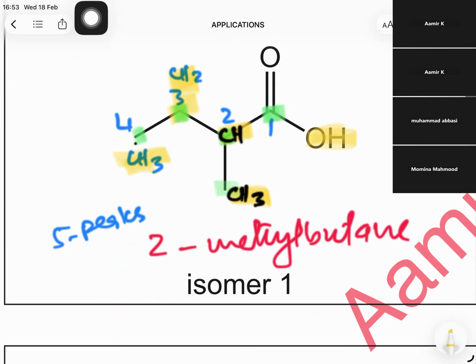All these hydrogens are different. No, how could it be the same? This CH3 is next to CH and CO. No, they cannot be the same. This CH3 is next to CH and then CO. Okay.